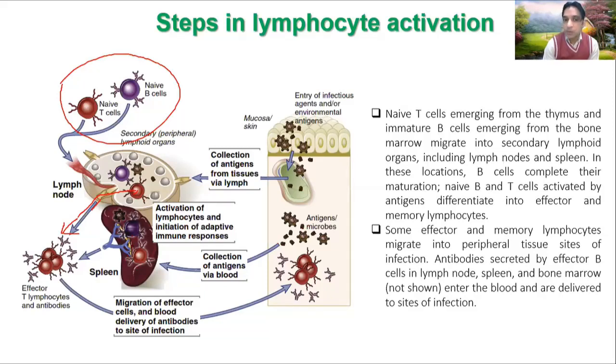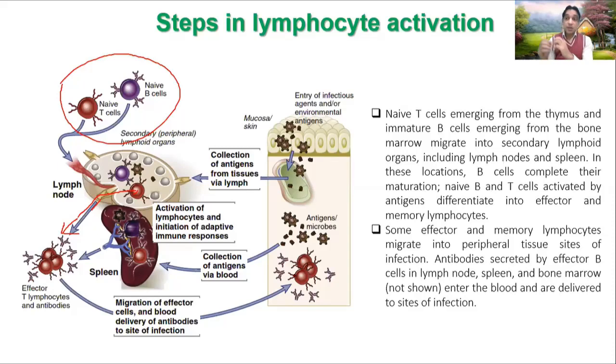In the spleen we come to know about this thing, and then we produce effector cells and the antibodies. These effector cells and antibodies will show their response and will go back into the blood, will stay in the blood, and will start killing the microbe, bacteria or virus present within the blood.